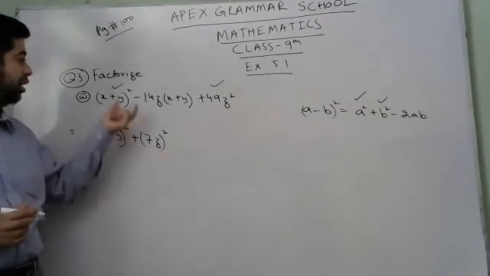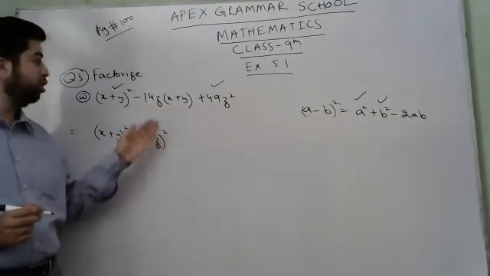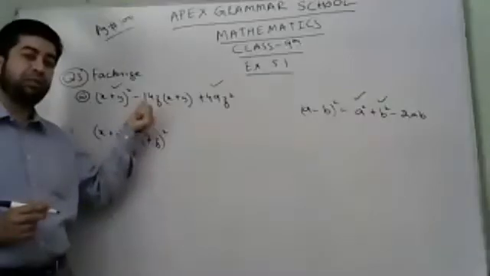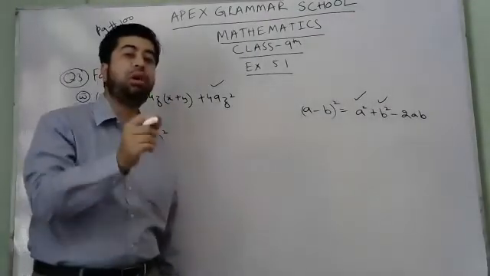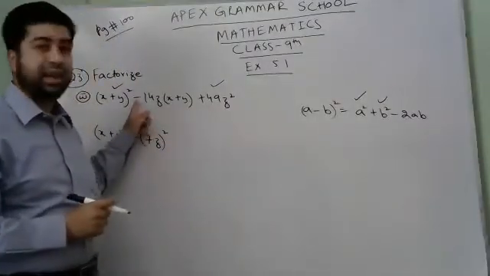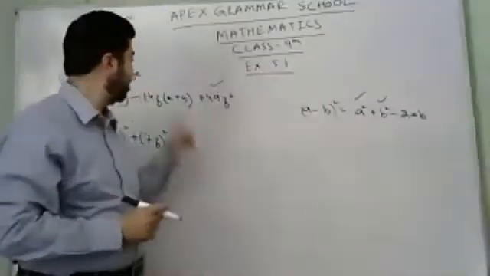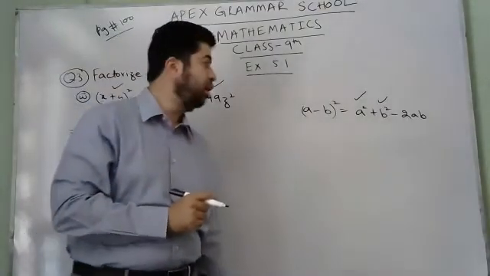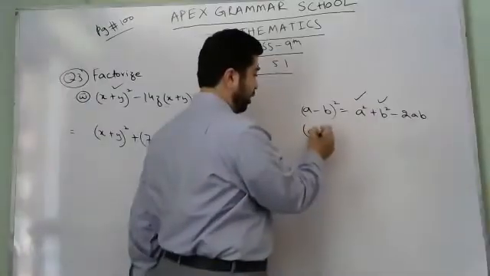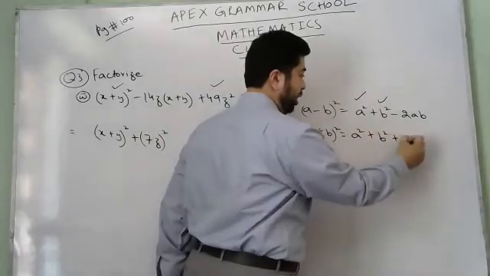After that, we have minus 14z(x plus y). You have to write this in the form of minus 2ab or plus 2ab. If this sign is negative, then this formula is going to be a minus b whole square. If this sign is positive, then this formula is going to be a plus b whole square, because a plus b whole square contains a square plus b square plus 2ab.